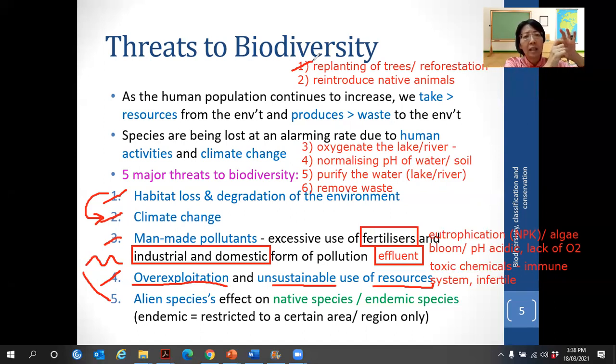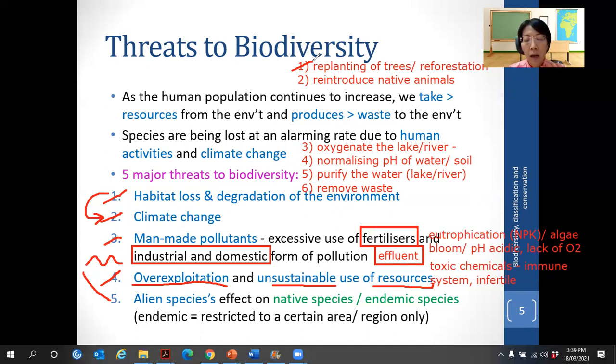It cannot be smaller, because with a very small size, you catch all the fish, whether they're mature or immature. Then you've got no more fish left to grow back the numbers. So the fish net must be above a certain size so that the younger fish are not trapped by the net. That is called sustainable use of resources.